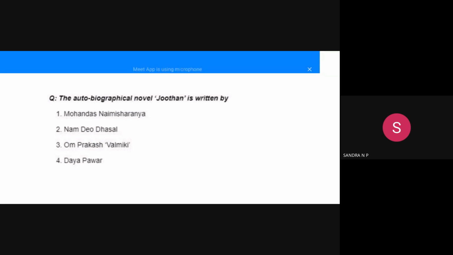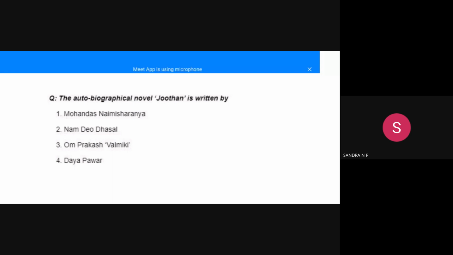So, the autobiographical novel Joothan is written by Om Prakash Valmiki. Coming to this novel, it is based on caste discrimination. This book talks about the Brahmanical atrocities and humiliations that India brings to its own. It is an autobiography of a young Dalit boy who was regularly exploited and discriminated against by society from his childhood.